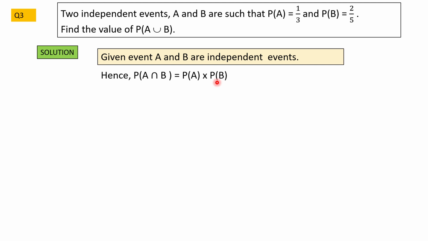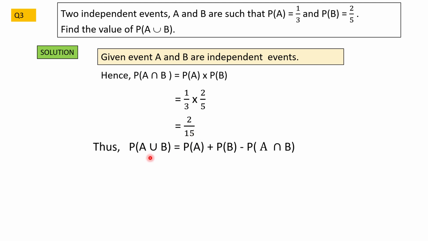Now you have the values for probability A and probability B. So substitute and here you can find the probability of A and B. Remember, when you come across the word and, you have to multiply. Or in other words, if you have the intersection between two sets, you multiply in order to get the answer.